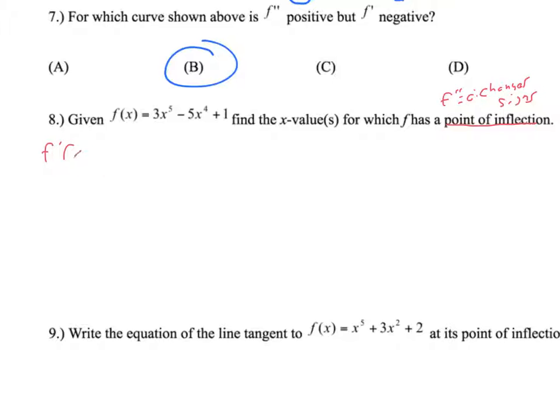f prime of x is equal to 15x to the fourth minus 20x cubed. The second derivative is 60x cubed minus 60x squared.